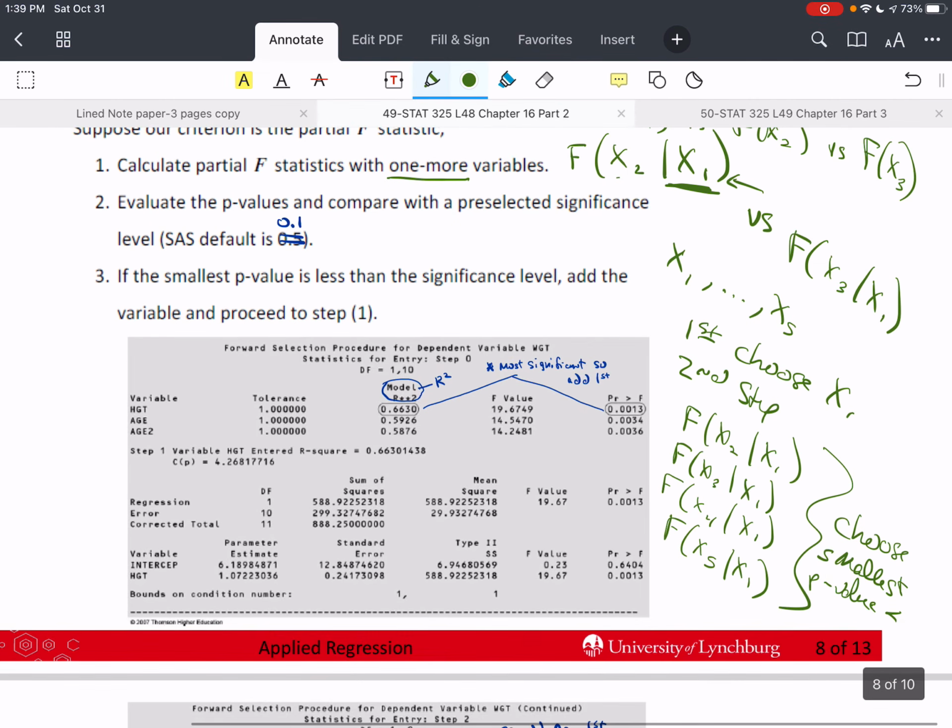In this case, our cutoff is 0.1, but your cutoff could be 0.15 or 0.05 if you really want. But again, that might not be the best method to choose there.